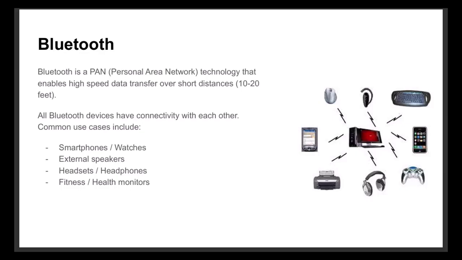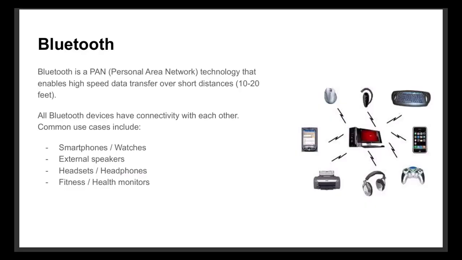We use Bluetooth to allow our devices to connect to wireless networks that are nearby, as well as external devices. You may have used Bluetooth in some of your common daily device usage. Bluetooth allows us to use our mobile phones as well as other Bluetooth compatible devices to connect with each other.